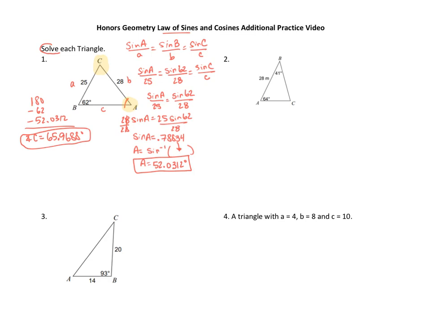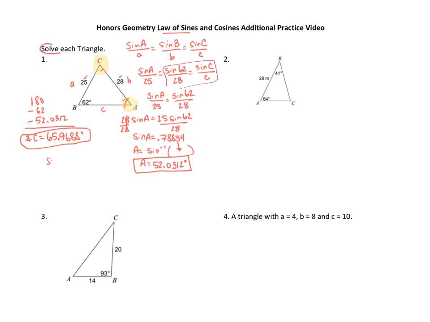All right, so now I need to move on and find out what side c would be. So I have side a, I have side b, I have angle C, I have angle A, I have angle B. The only thing left is to find side c. So I'm going to go ahead and use these two again, because I know them.